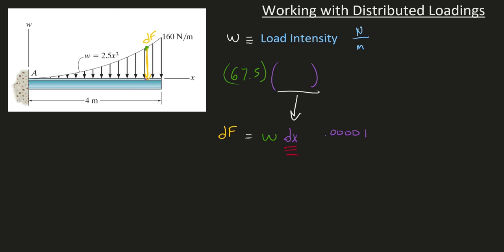Imagine not putting 0.5 in here, imagine putting 0.00001 in there. If you multiply it by 67.5, you'll get a tiny amount of force acting at this x. So I can do dx times my W here to get my tiny bit of force here, and so on and so forth.